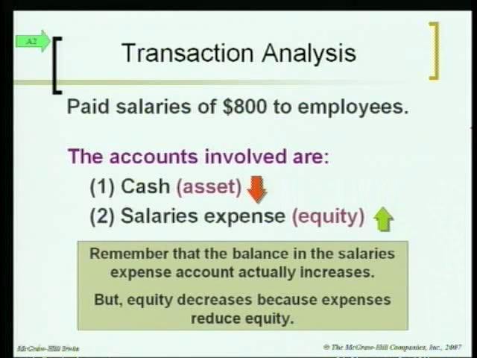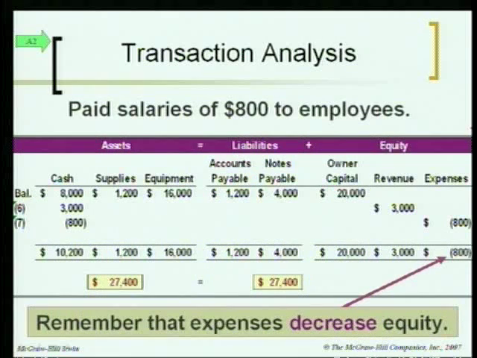Salaries expenses goes up. Now, expenses are one of those things that cause equity to go down, right? I want you to look at the way that they show this there, but I don't really like the way that they show that. What they show is cash goes down by $800. That's correct, but I really don't like the way they show this.